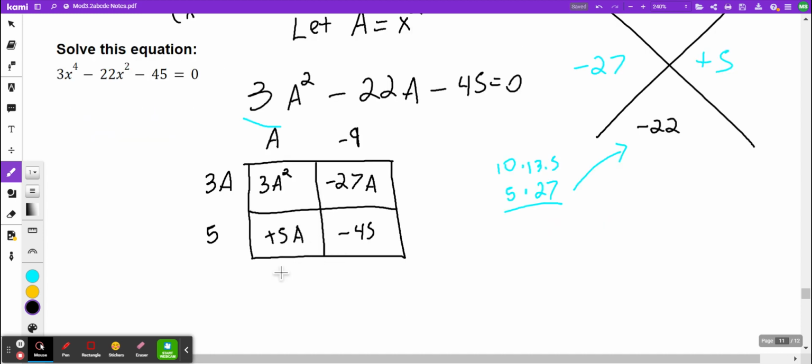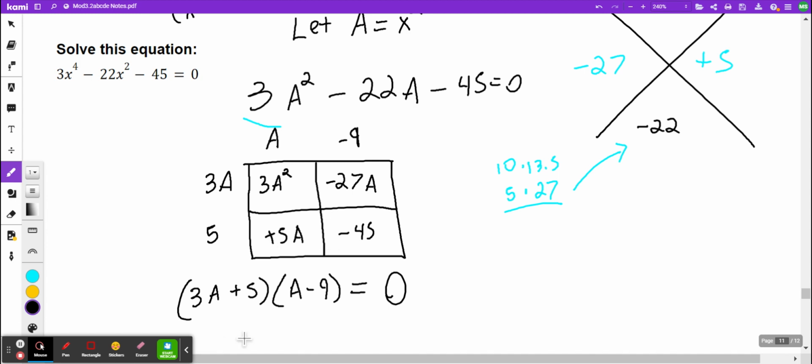So, rolling this out, I should have 3a plus 5 times a minus 9 is equal to 0. Cool. So we know that the answers will be 9 and negative 5 thirds.